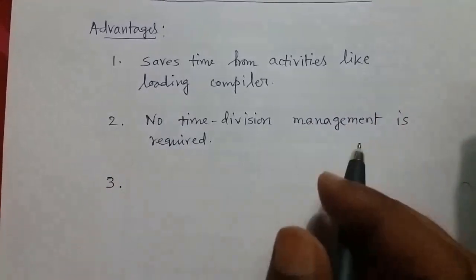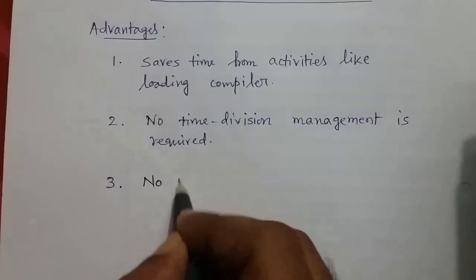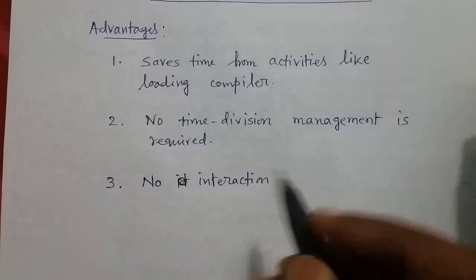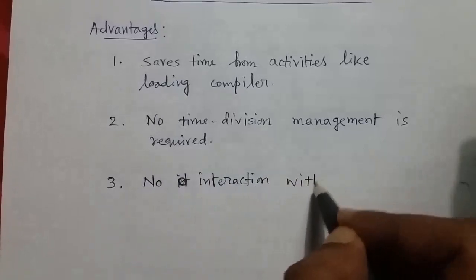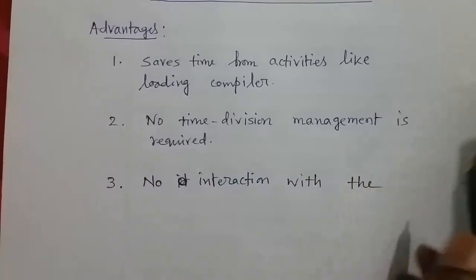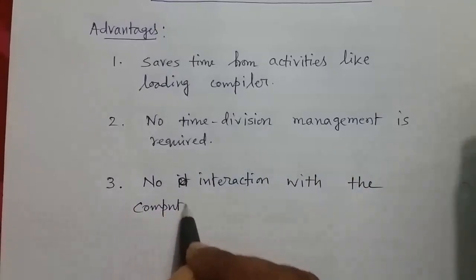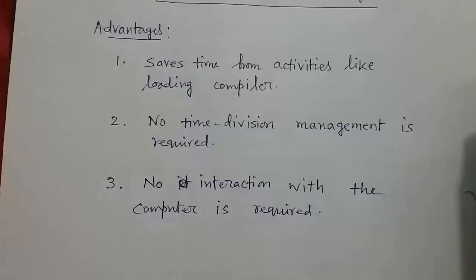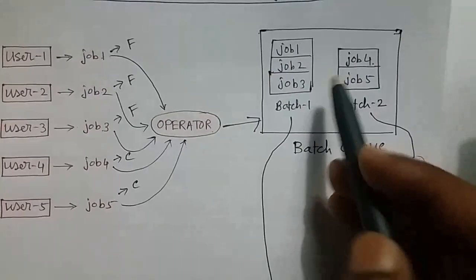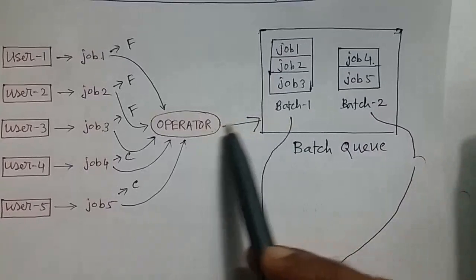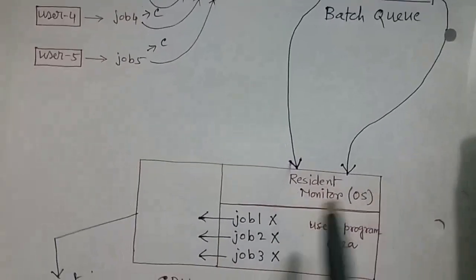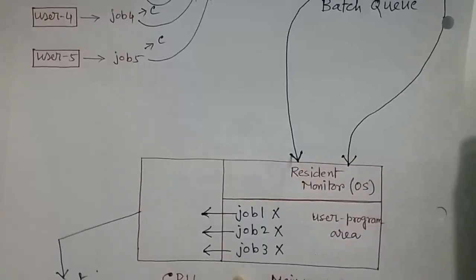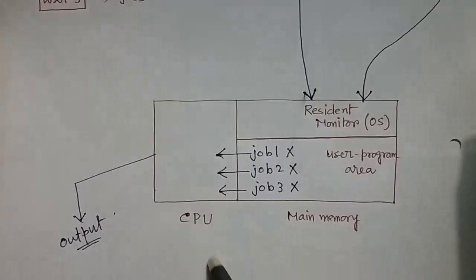Now number 3, no interaction with the computer is required, because when a batch of jobs is submitted by the operator to the computer, it is the responsibility of the resident monitor to send all the jobs to the CPU for execution.